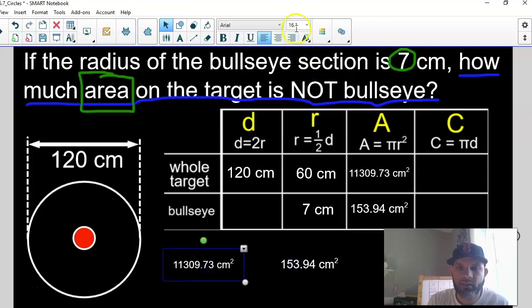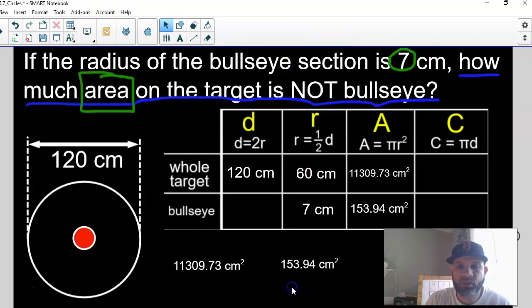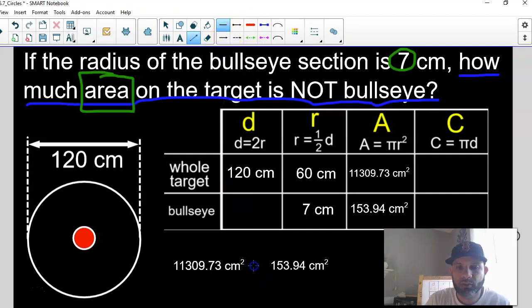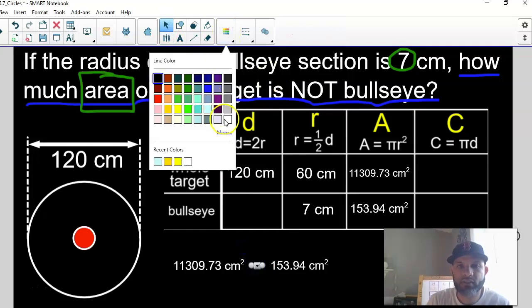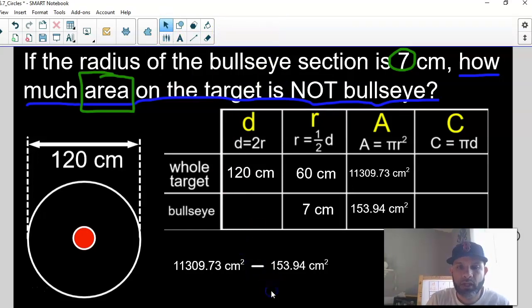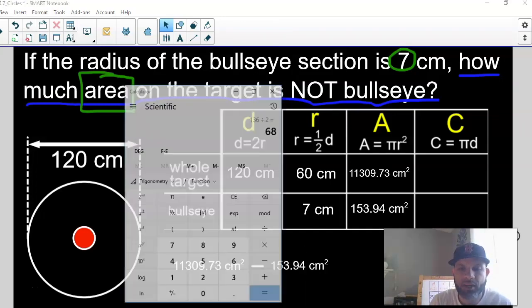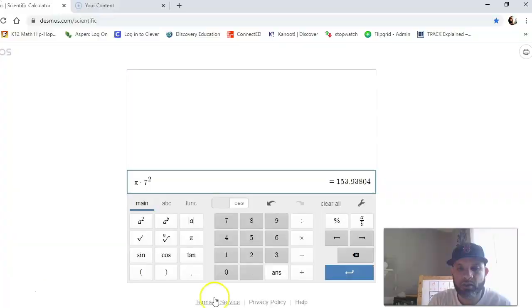All right, let's make it look a little better. So we've got to subtract this from that, right? So I'm going to do my little subtraction symbol here. Okay, so when we subtract those, we get what? 11,309.73 minus 153.94.